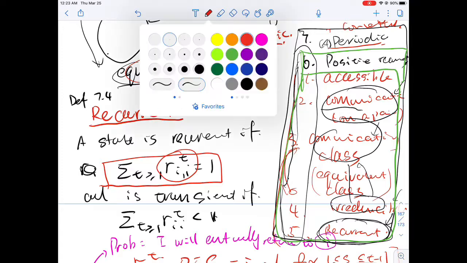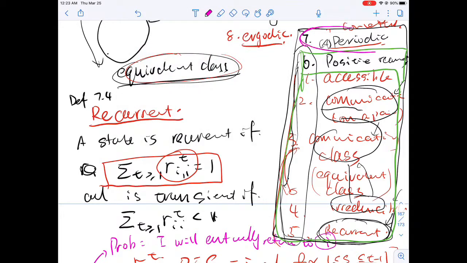Periodic is actually an orthogonal concept, so you can have a positive recurrent state that's periodic. If it's positive recurrent and also aperiodic, then it's called ergodic. So we are building up a set of concepts that eventually leads to a definition of a normal Markov chain, where we expect that if we start with every state, we can eventually go back, and at the same time there's no periodic behavior happening here.